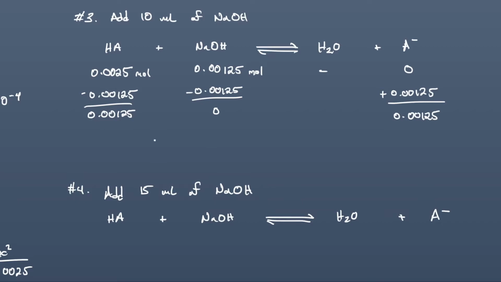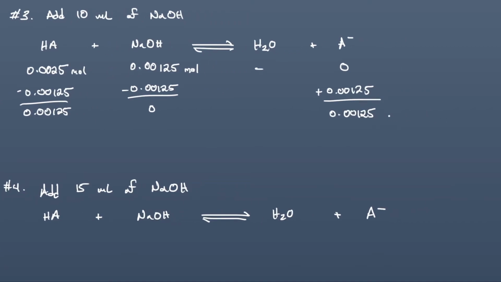Now this is an interesting point. We have equal numbers of this. So when we do the Henderson-Hasselbalch equation, pKa plus the log, what's this going to be? It's going to be the log of 1, because this over this is just 1. And the log of 1 is 0.